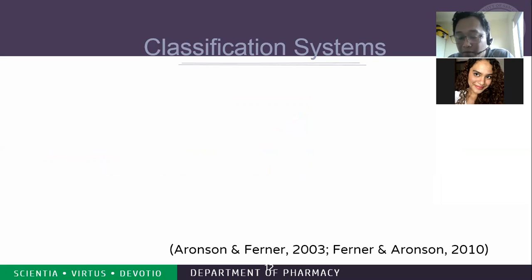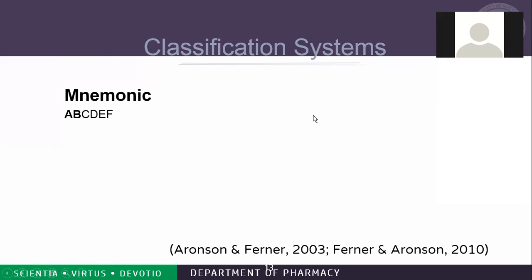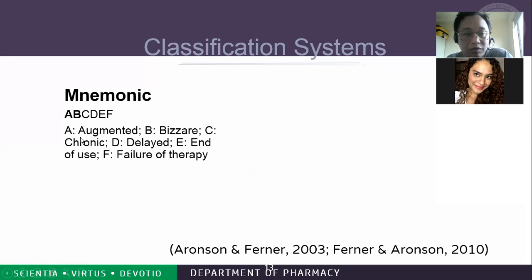So we have the mnemonic system. In the mnemonic system we usually use the alphabet A, B, C, D, E, F, but usually we just use the A and B. The C, D, E, F are rarely used.